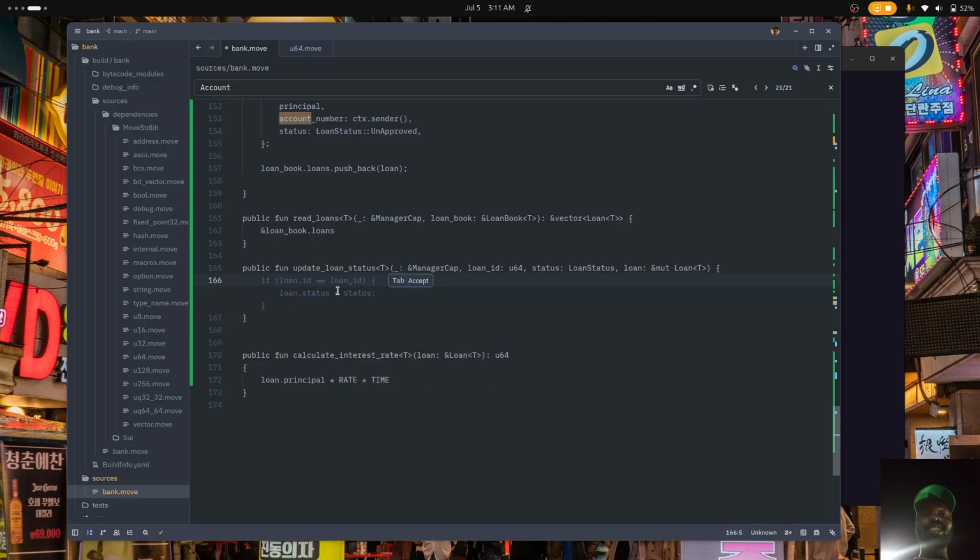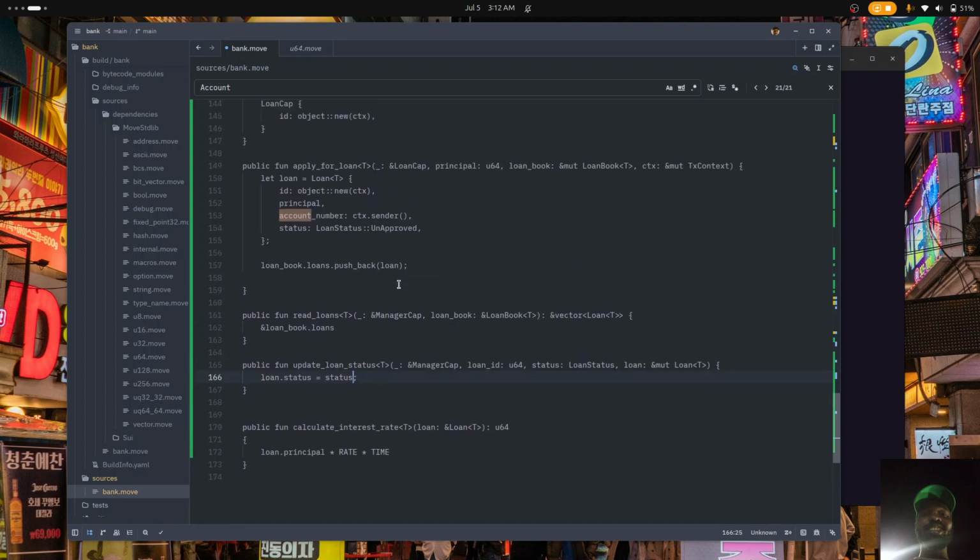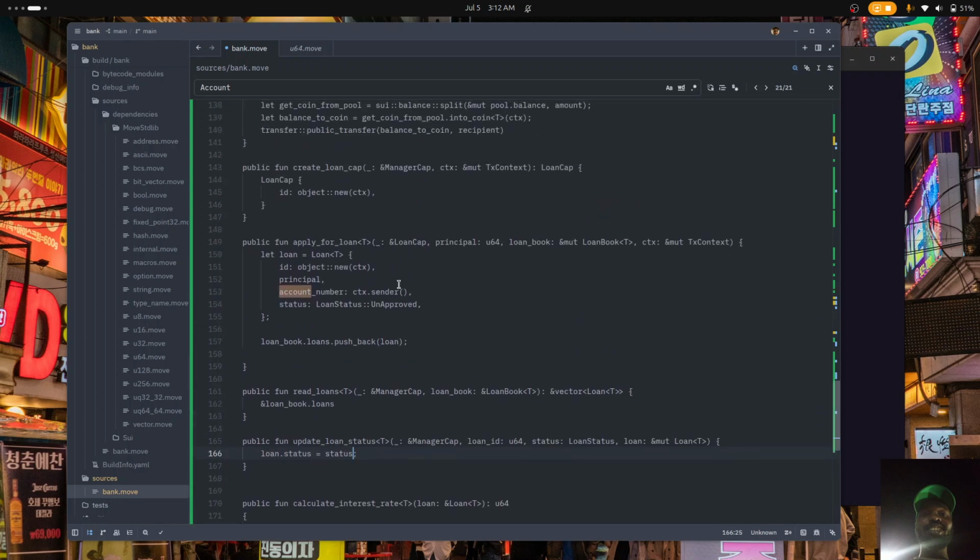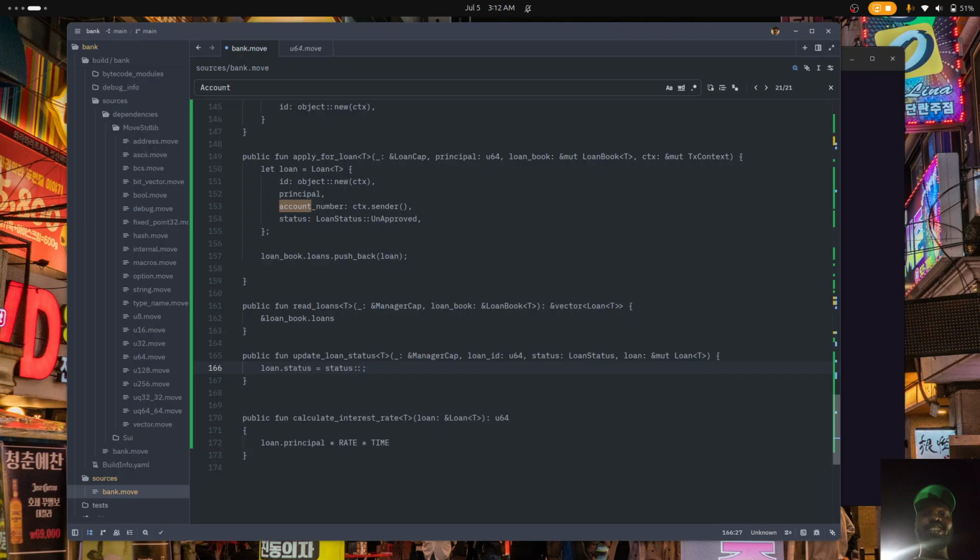So after checking, manager can update the status. So just take loan status and manager can status, and quickly look at how, so yeah, you can choose whatever status you want, pass it in here, right?